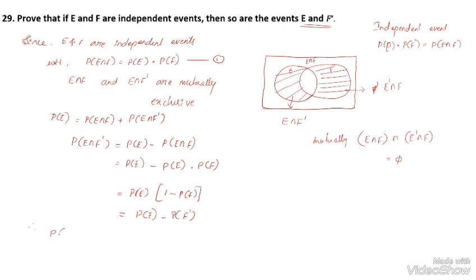Therefore, probability of E intersection F complement is probability of E multiplied by probability of F complement. This is the proof of the given statement. Hence, we can say the events E and F complement are independent.